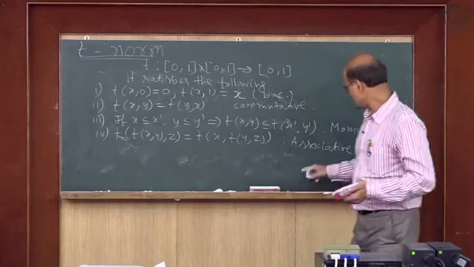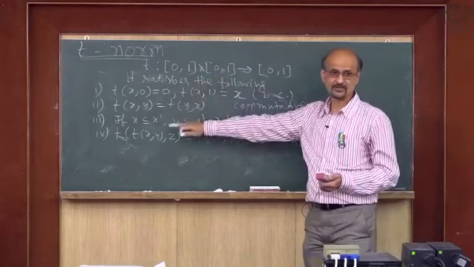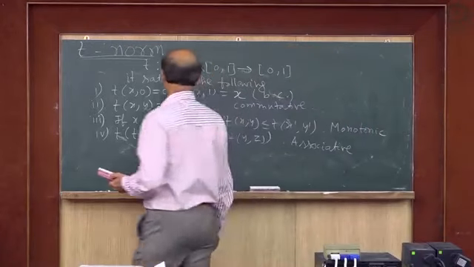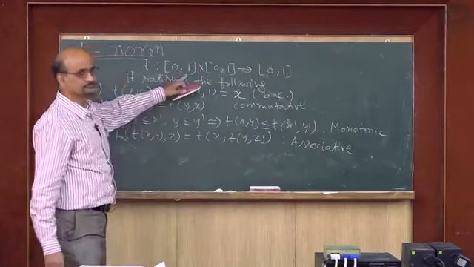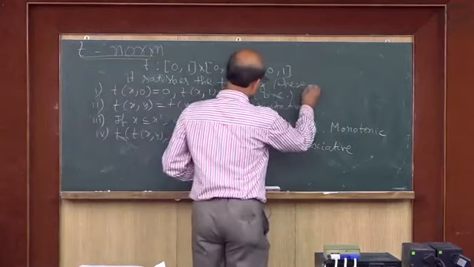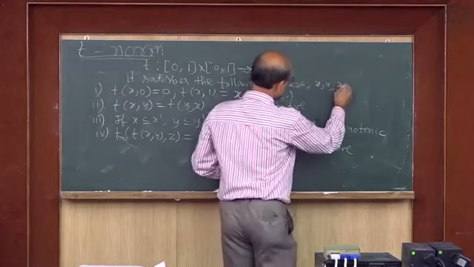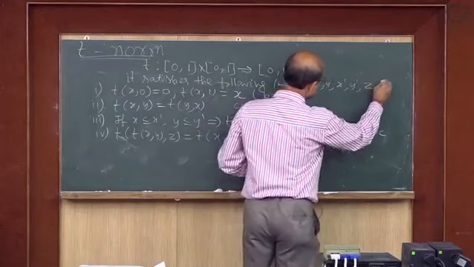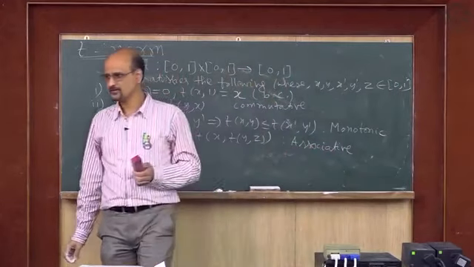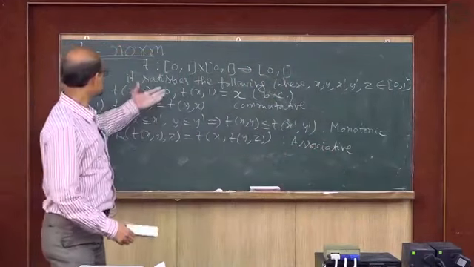This is equal, where x y x dash y dash and z all belong to 0 1. Okay?